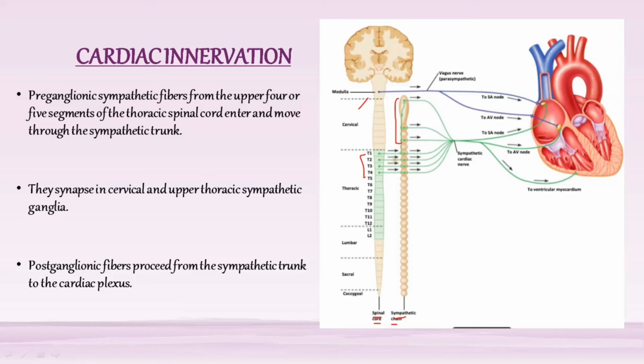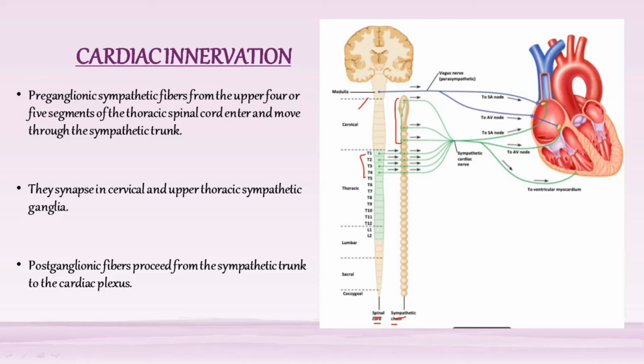But when these preganglionic fibers enter into the sympathetic trunk, they also move upward in the cervical region, or we can say they synapse in both the cervical and the thoracic region of the sympathetic trunk. After synapsing in the cervical and thoracic region of the sympathetic chain, now the postganglionic fibers arise.